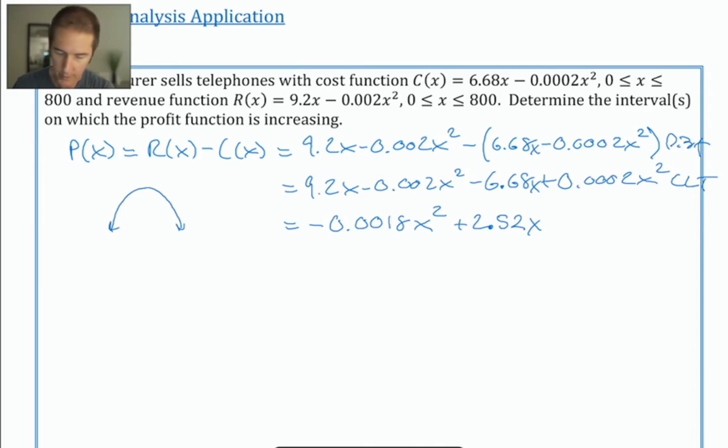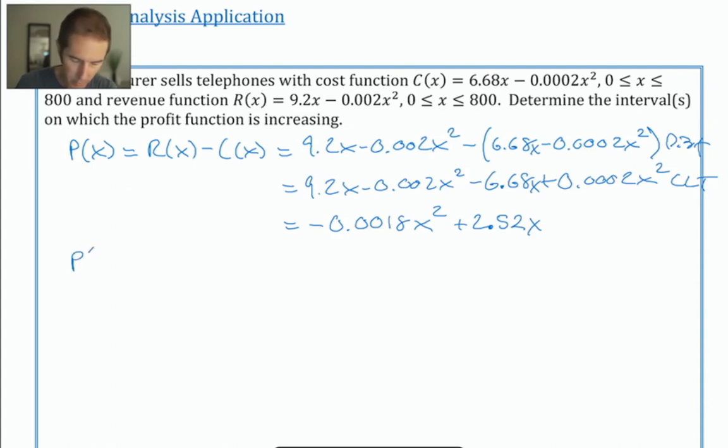And we're trying to figure out the intervals on which the profit function is increasing, which means we're going to be looking at this part of our graph, everywhere from the vertex and to the left. So our answer is going to be, well, I don't know exactly what the answer is going to be. It'll be interesting. Let's see.